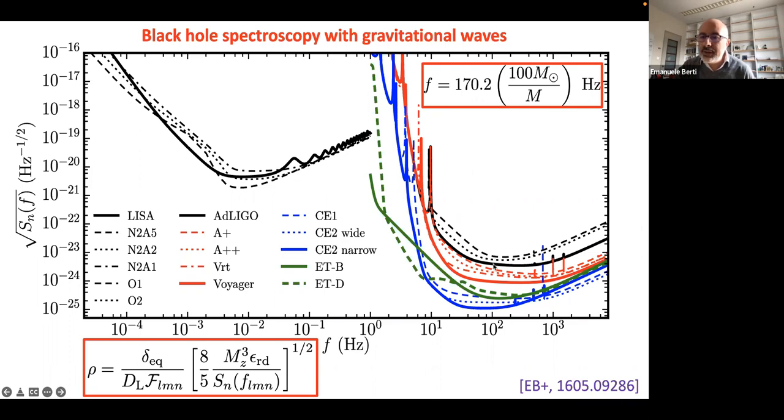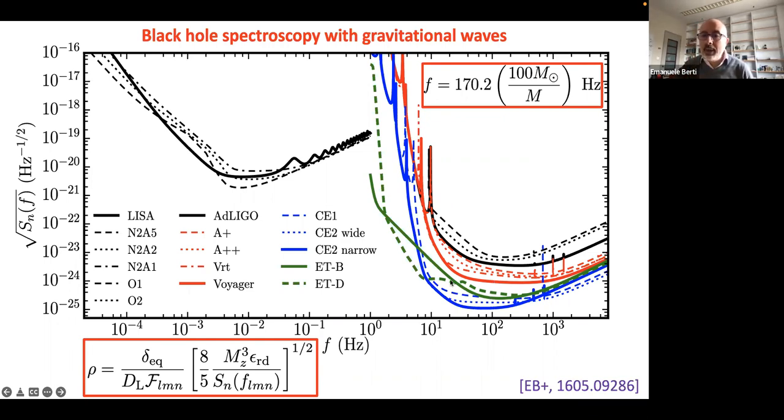So what you see here is that as we increase the sensitivity, sooner or later, we're going to have a high enough sensitivity to observe the ringdown with much higher SNRs than the value of 7 that we had for the first event. And in fact, with the best detectors that we can build in the LIGO facilities, we're going to have much higher sensitivities.